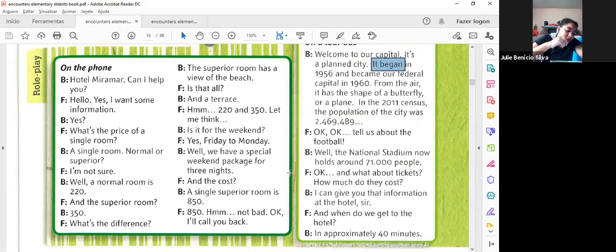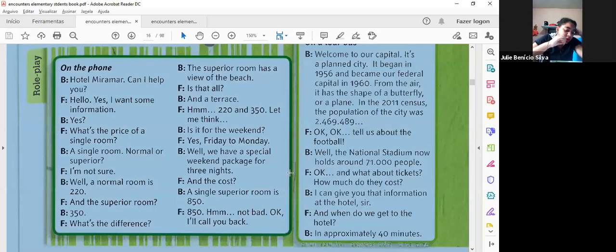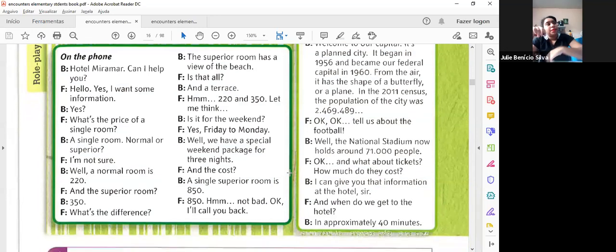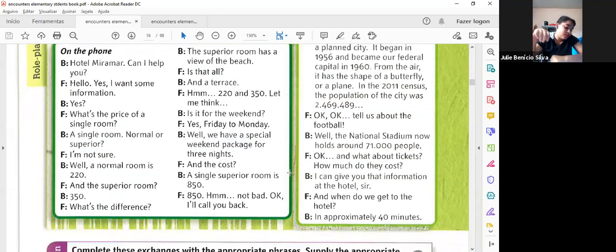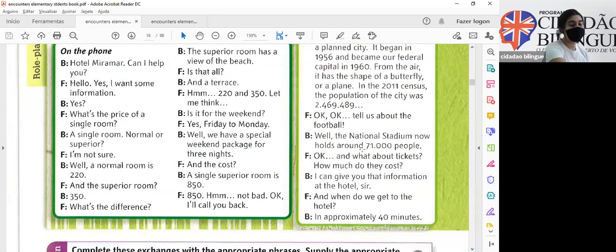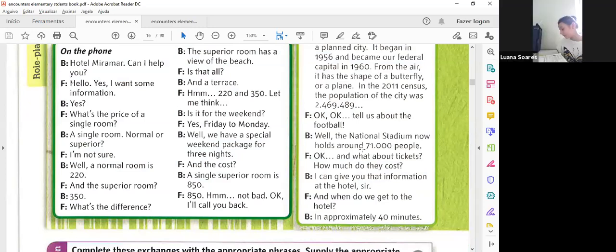Okay. Tell us about the football. Well, the national stadium now holds around 71,000 people. 71,000 people.